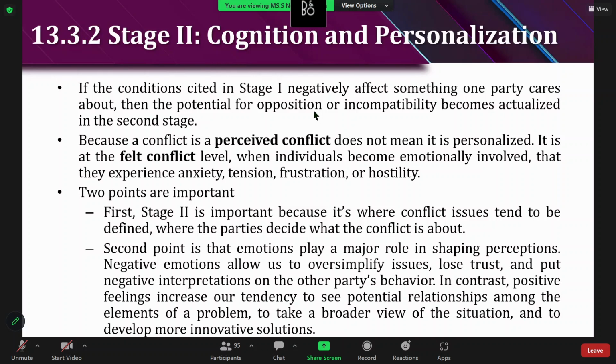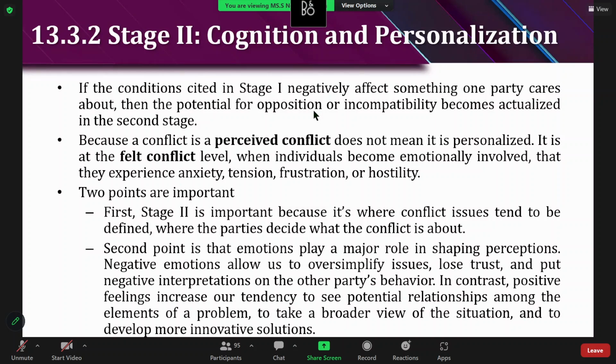First, stage two is important because it's where the conflict issues tend to be defined. Here the people are trying to define, okay, this is what the other party has done to me, and this is the outcome which has been negatively affected by the first party. So the parties decide what the conflict is about.